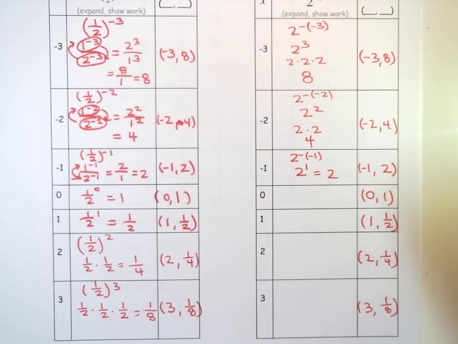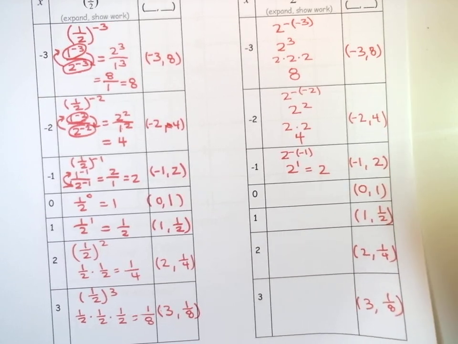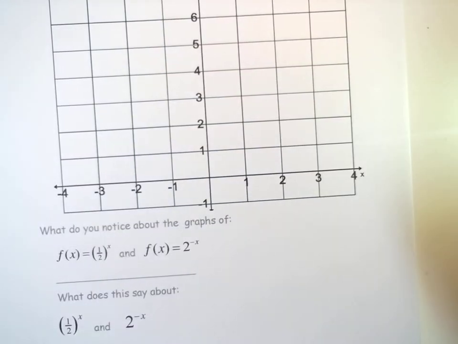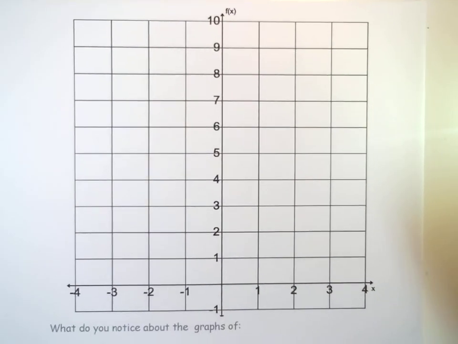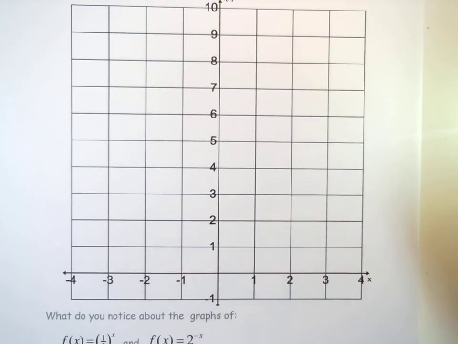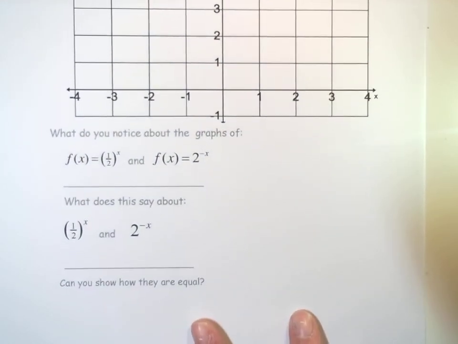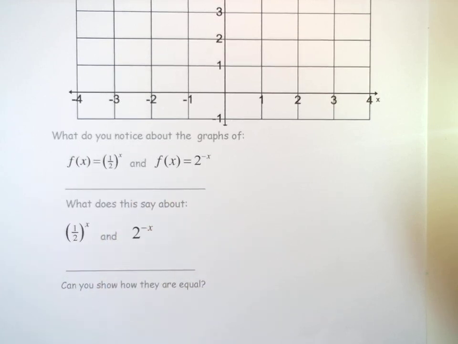We'll just finish our table, no need to do the work. And then you're going to go ahead and graph, and then you're going to answer the questions at the bottom of the page.